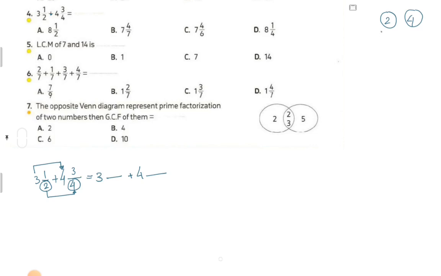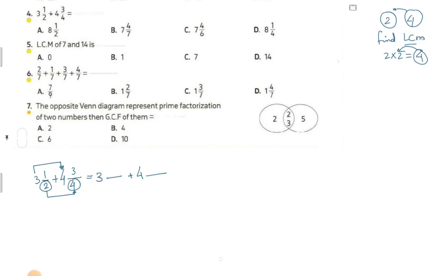I need to find the LCM, right? Okay, but before prime factorization, I note that 4 is a multiple of 2, that 2 times 2 equals 4. So 4 is a multiple of 2, right?